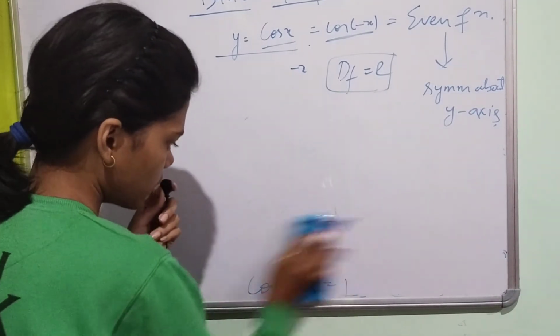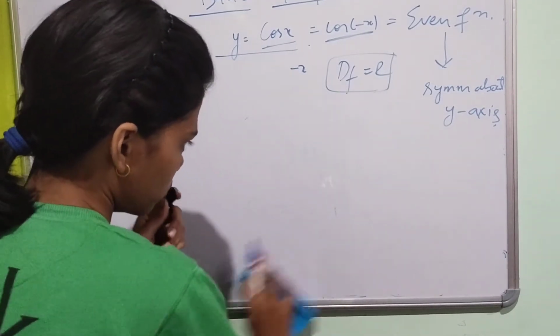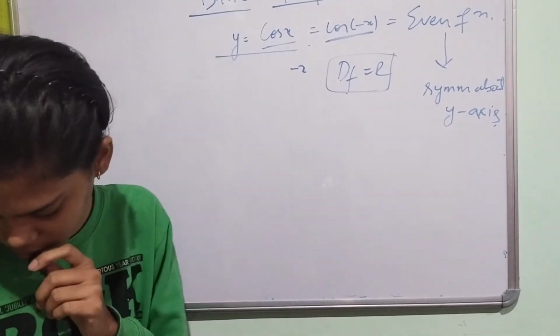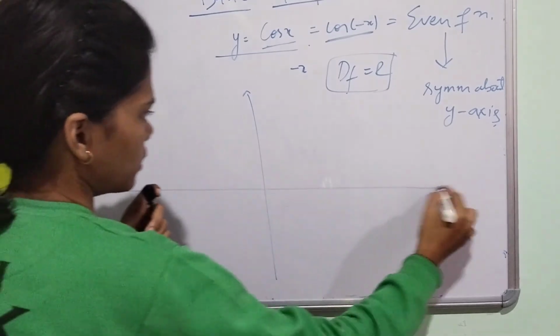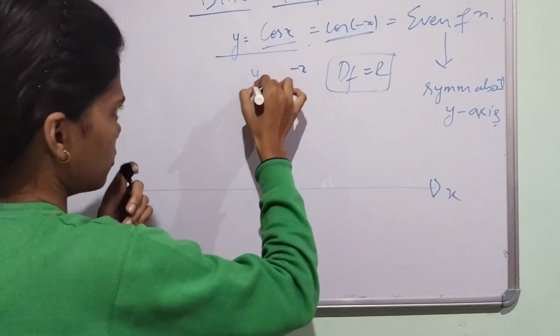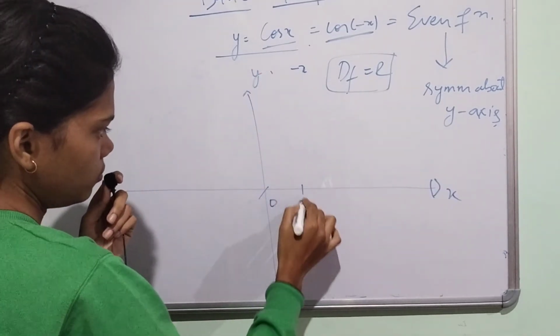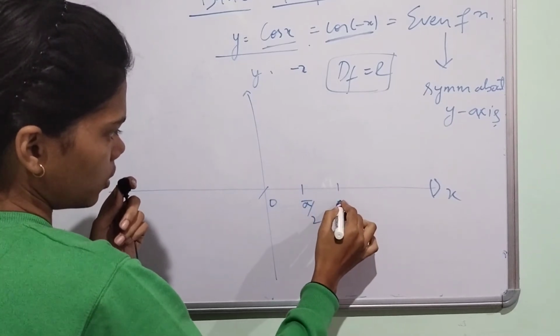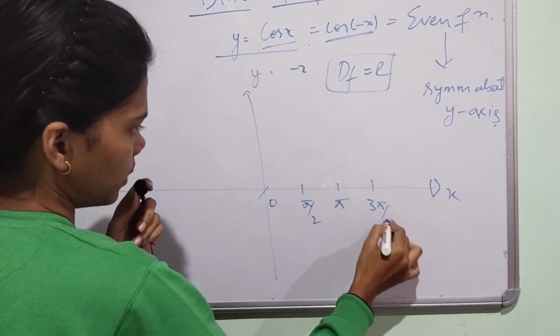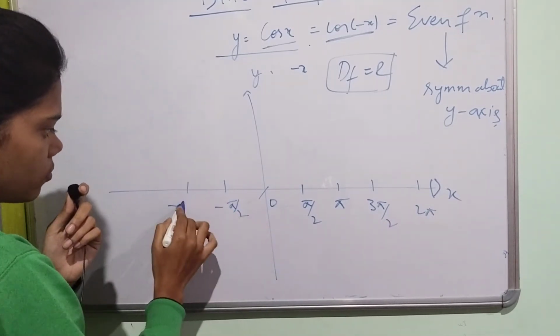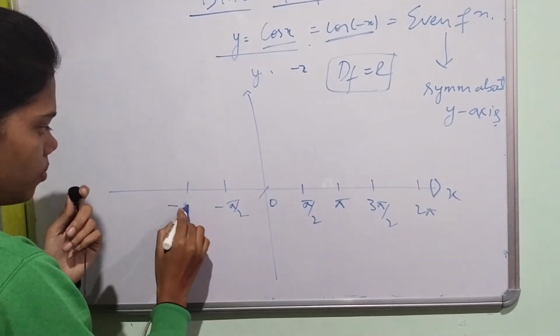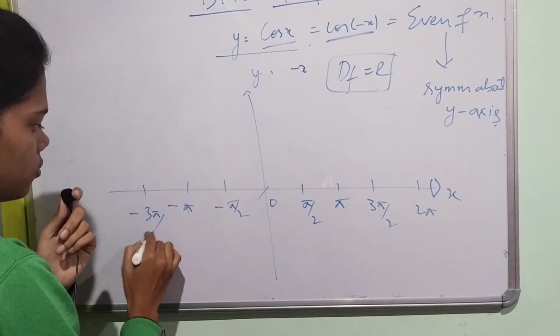So the same graph we can draw for cos also. The only difference is that it will be symmetric about the y-axis. This is the x-axis, this is the y-axis. 0, pi by 2, pi, 3 pi by 2, and 2 pi. Minus pi by 2, minus pi, minus 3 pi by 2, and so on.